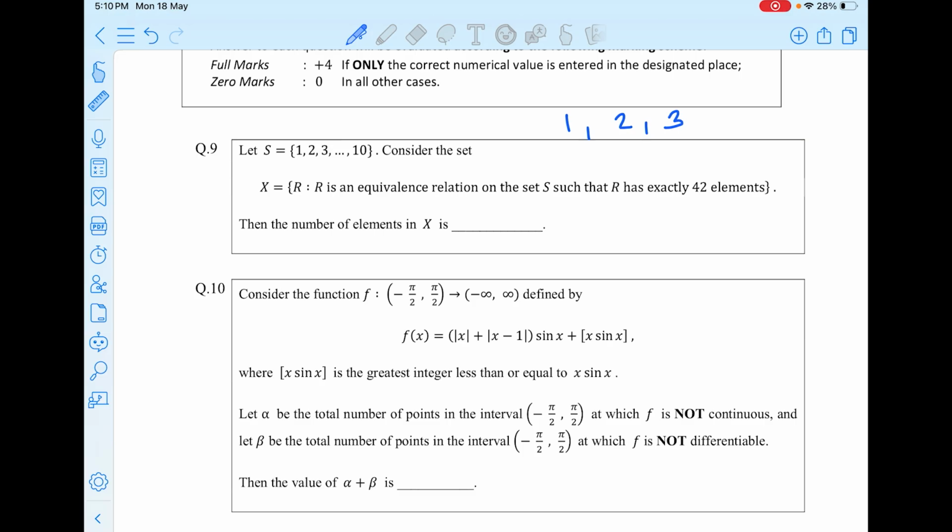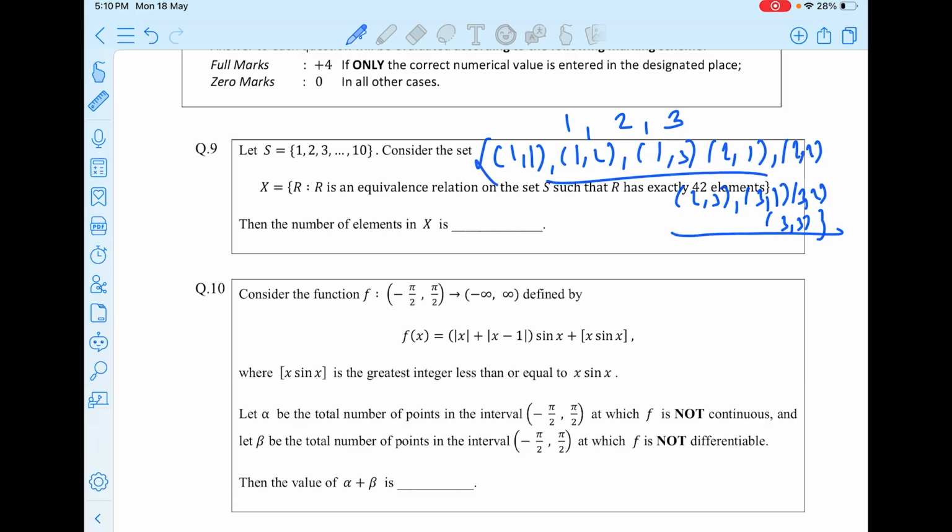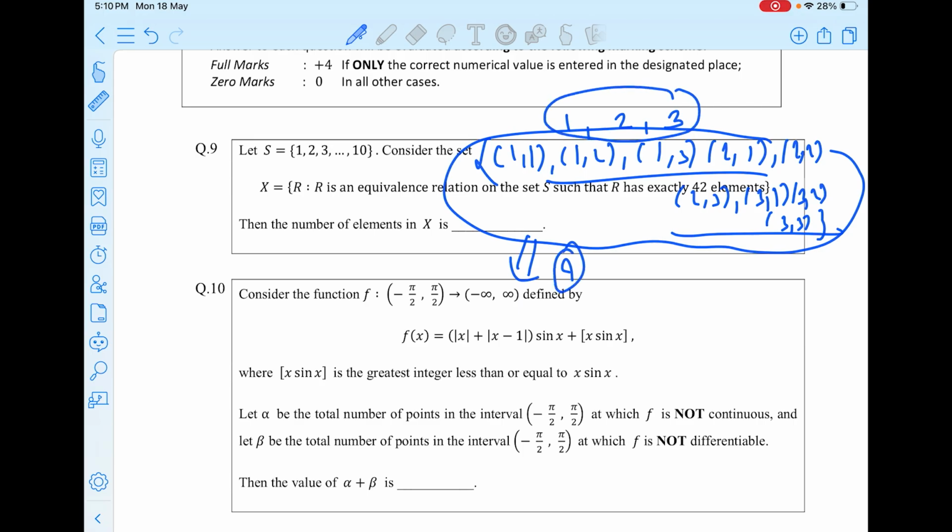Now all the possible connections of 1 2 3: 1 comma 1, 1 comma 2, 1 comma 3, 2 comma 1, 2 comma 2, 2 comma 3, 3 comma 1, 3 comma 2, 3 comma 3. Now this relation is an equivalence relation. And in this there are total 9 elements. So if there are 3 elements, then there are 9 elements in the equivalence relation.